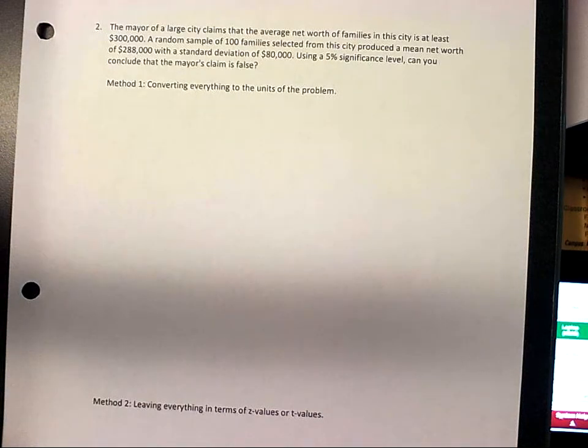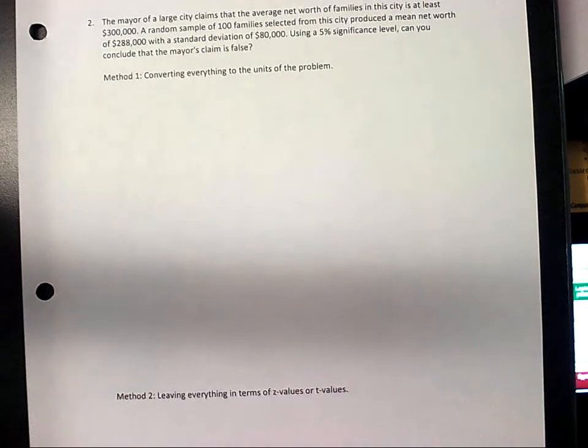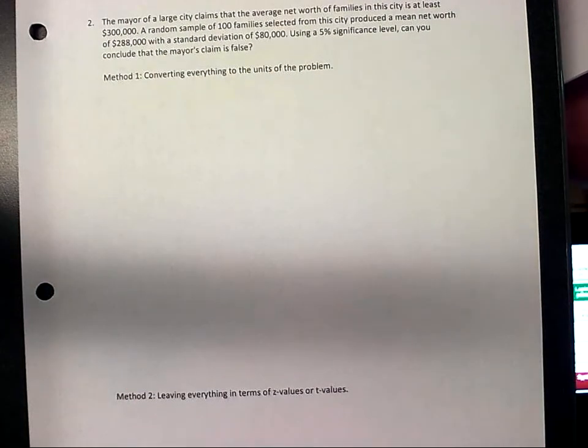Let's get started. Where we left off yesterday was we learned a new way to answer our hypothesis questions. The way that we did in the previous class was we left everything in terms of the units of the problem. So in the last problem, it was in terms of grams of fat for those pastry items.